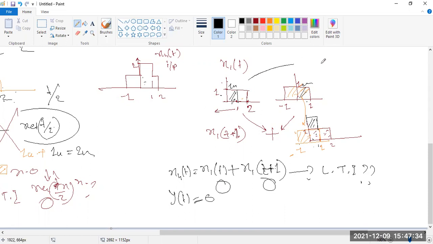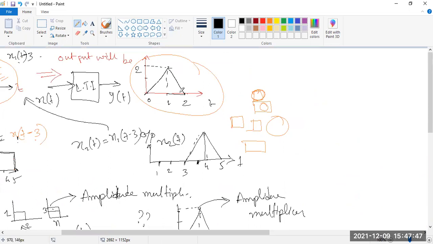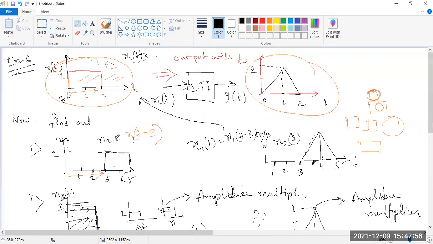So if I go for the output, what happens? First for the x1 of t, we get which type of signal? This type of signal. Means 1 to 2, output will be 1 of 2, and here is also 2.